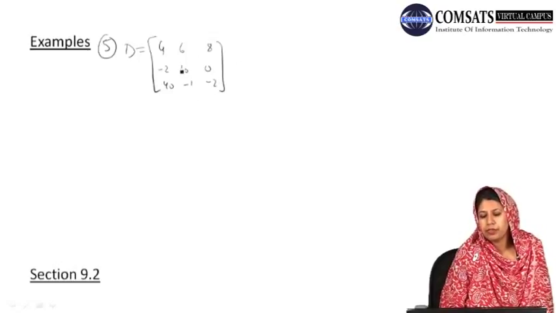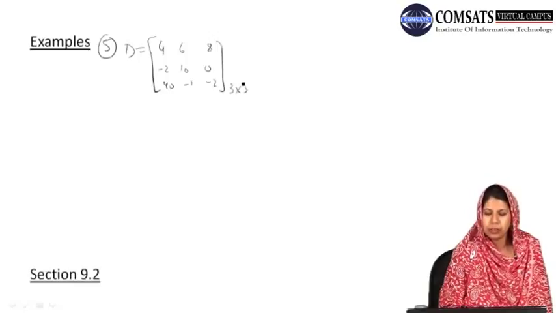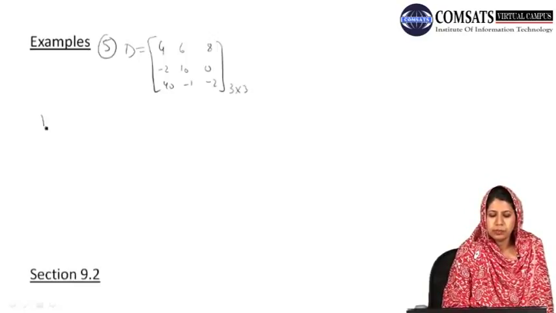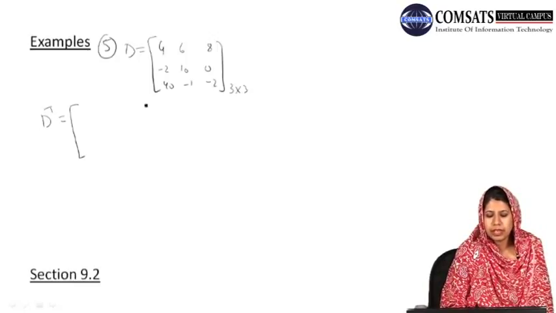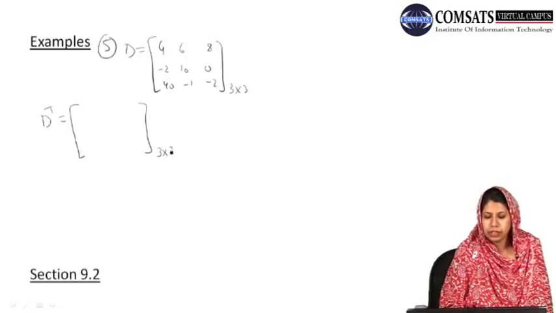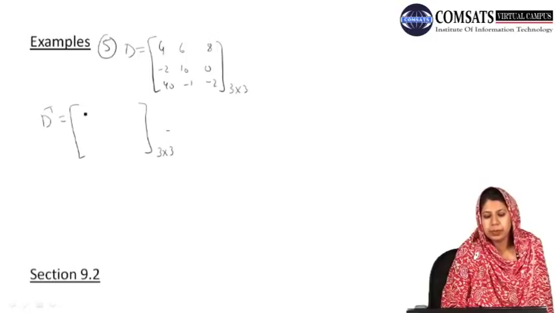Now this is a matrix of order 3 by 3, that is 3 rows and 3 columns. The transpose of this matrix, since this is a square matrix, will have the same order as the original matrix, that is 3 by 3, but the entries will be interchanged.